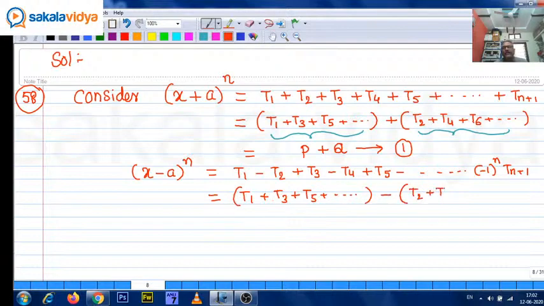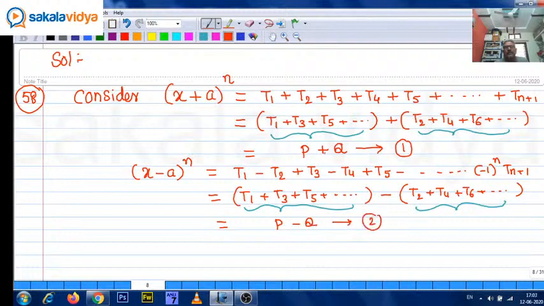From the given data, this is replaced by P and this by Q, so this is equal to P - Q. Just in place of plus, write a minus sign, and you get (x - a)^n. But what we need to find out is 4PQ.